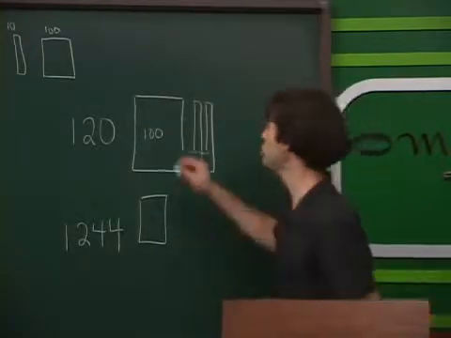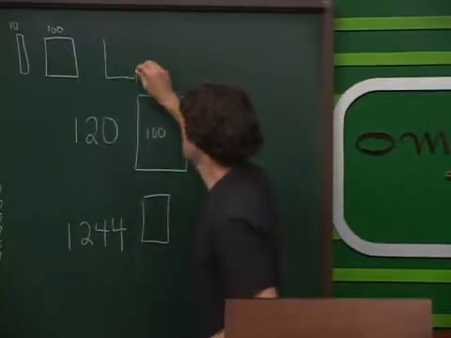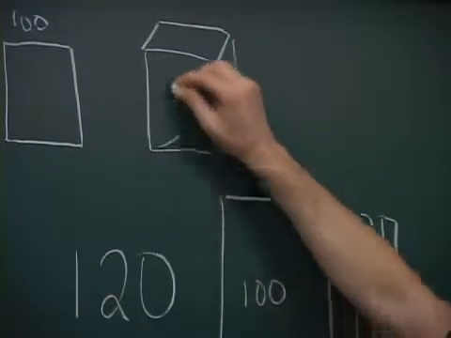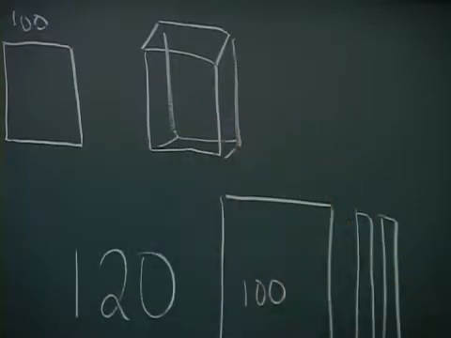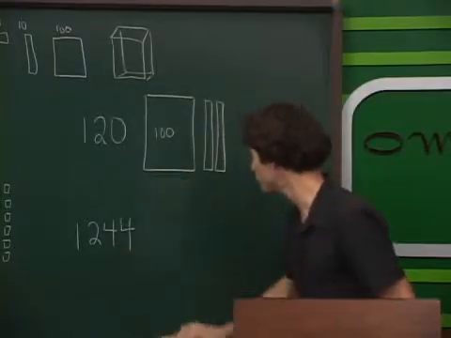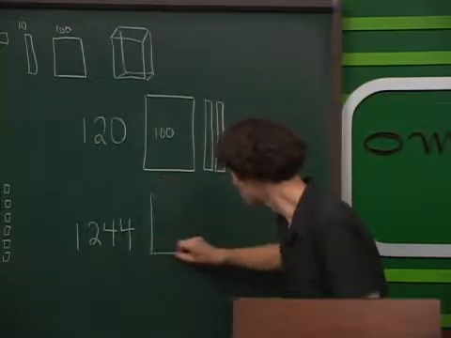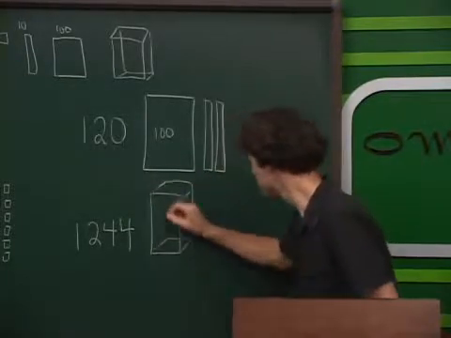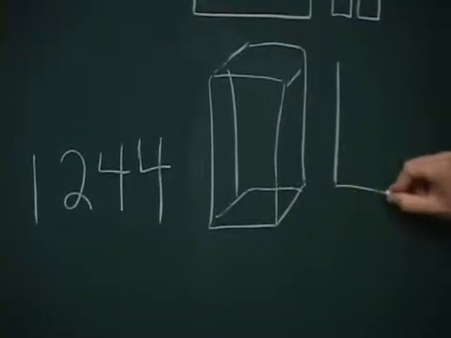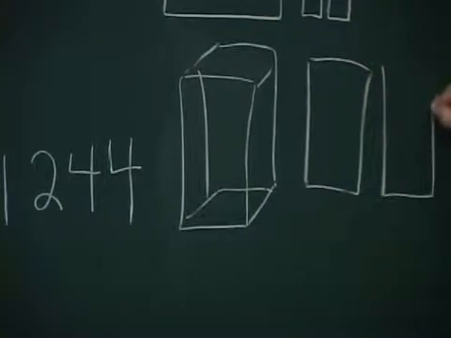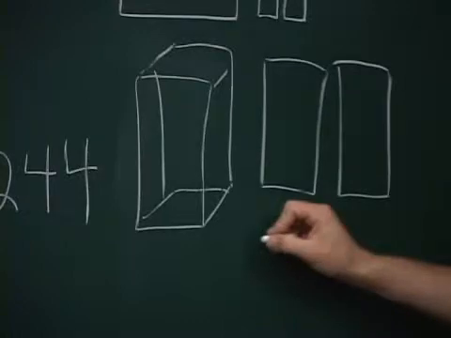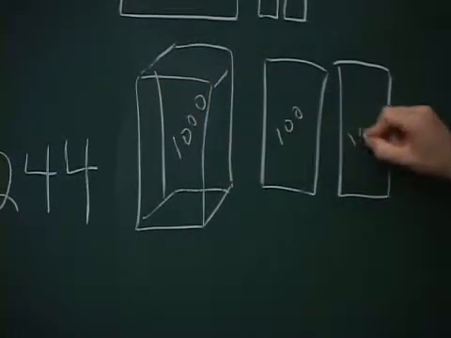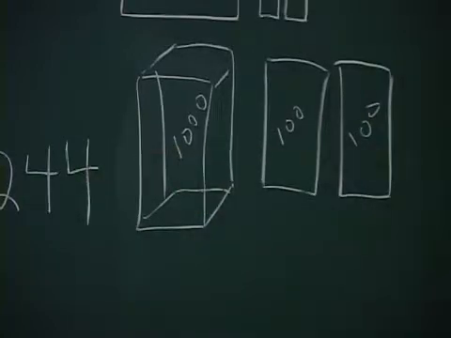So what if I told you that a cube is equal to 1,000? Then you could do a cube, 2 big squares, and this is 1,000 and 100 and 100 and then 44.